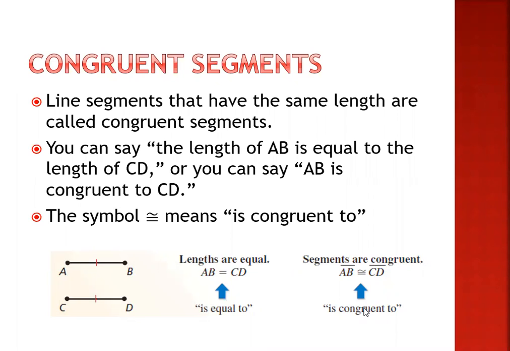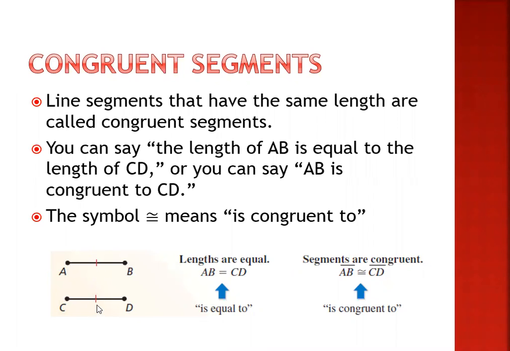When we have two lines and put the same sign, did you see the red mark on the two lines here? That means those two lines are equal in length, and they are congruent.